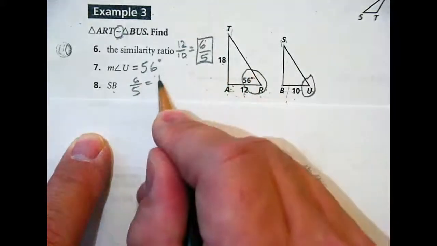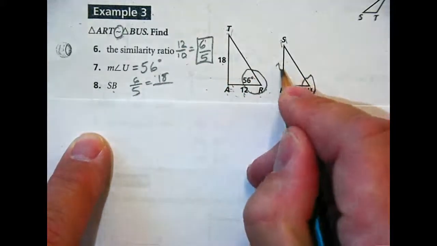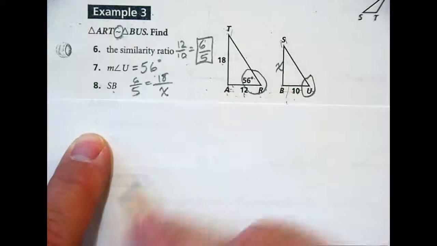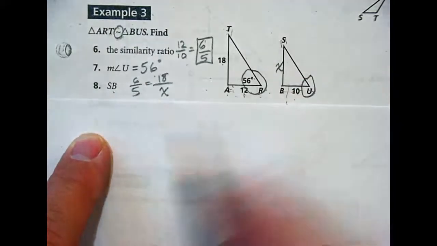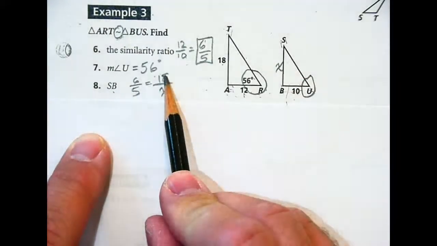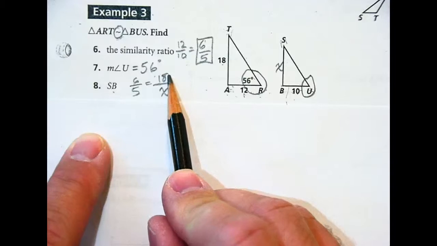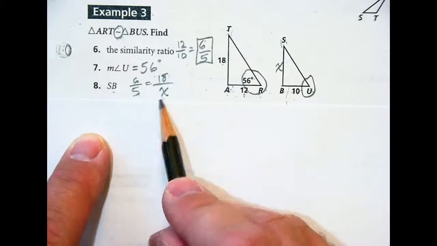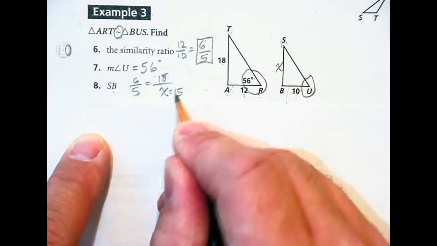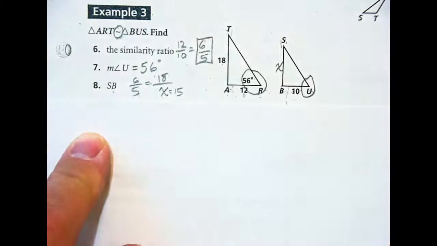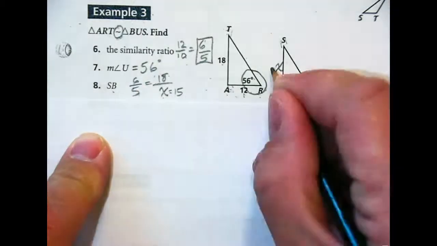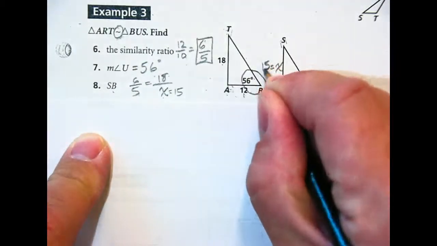So as 18 is to, we called this X. You could either say 6 times what is 18? 3. So 5 times 3 is 15. That's one way to do it. Or you could cross multiply and divide. Solve it as a proportion. Either way, you get X equals 15.